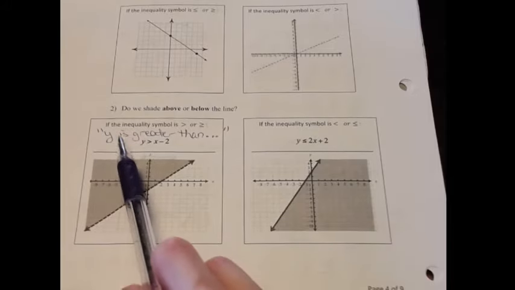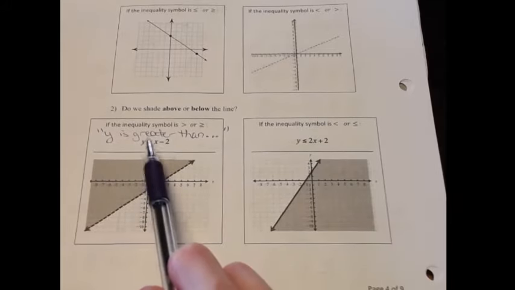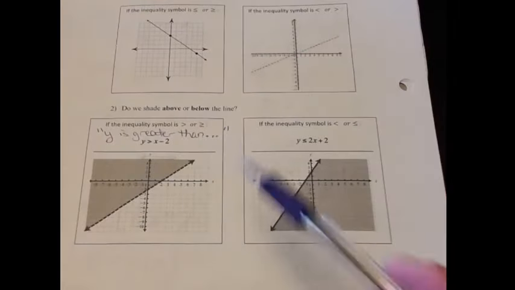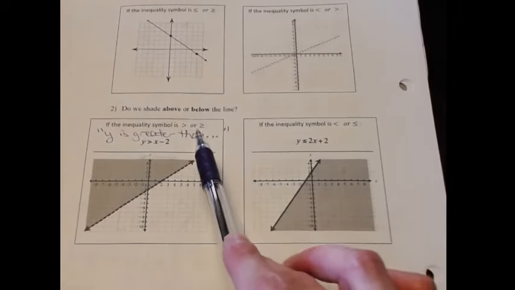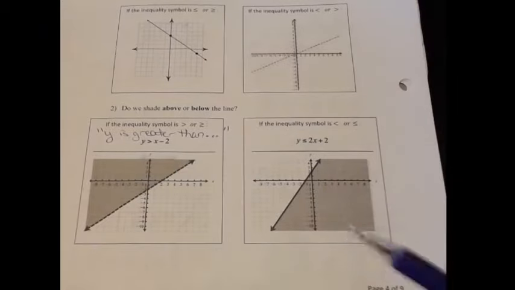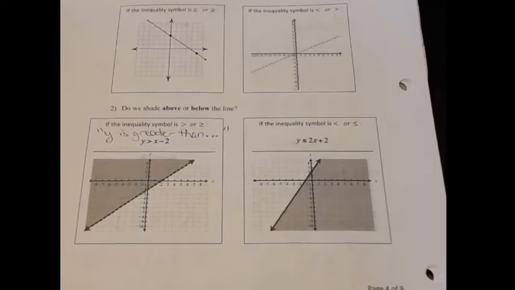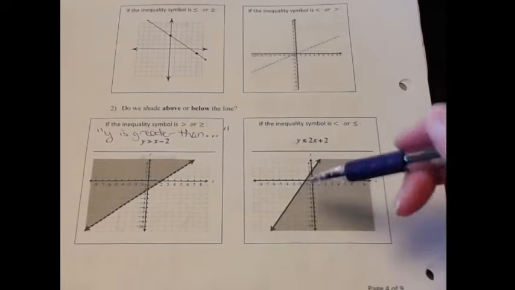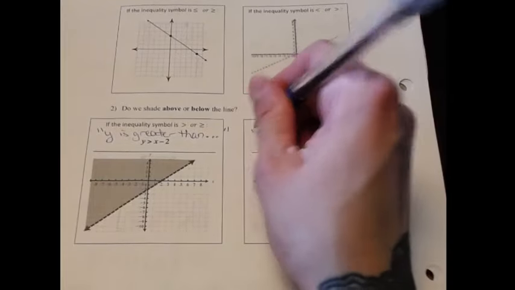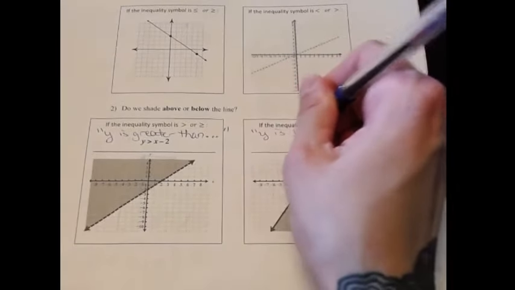Because y is greater than, you're going to shade above. If your inequality symbol is greater than or equal to, same thing, you shade above. If conversely you have y is less than or equal to, or y is less than, we'll shade below. So I'm going to write here y is less than.